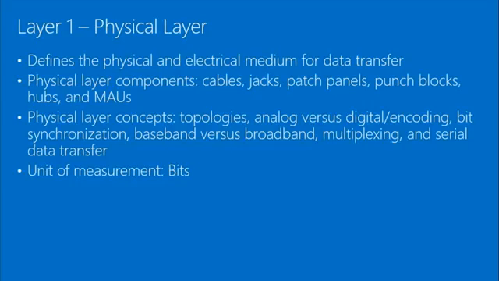Physical layer concepts, and we've talked about some of this already, topologies. So what the network physically looks like. Analog versus digital encoding. When we think of analog, think of the old style analog clock. It can be any value of time versus a digital clock, which is discrete. So it's either 10:05 and then it becomes 10:06.